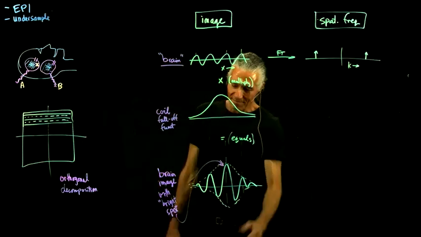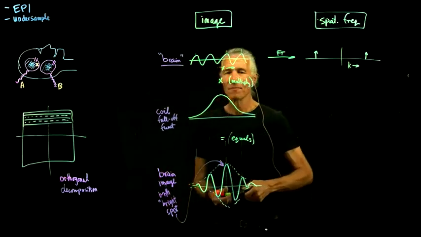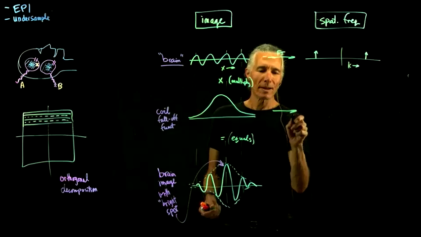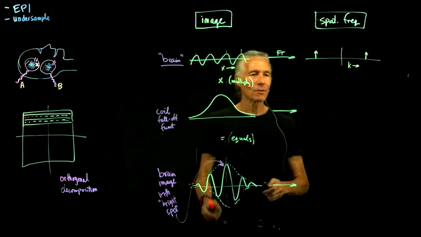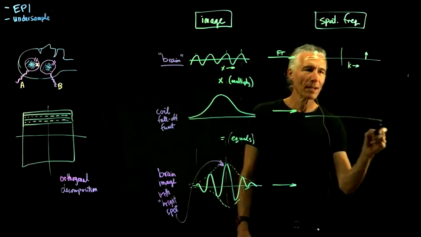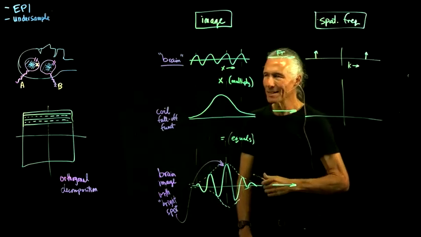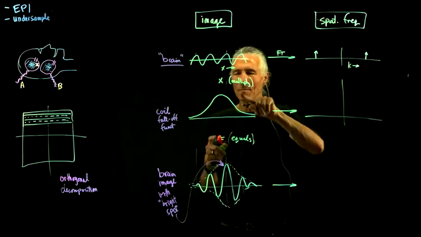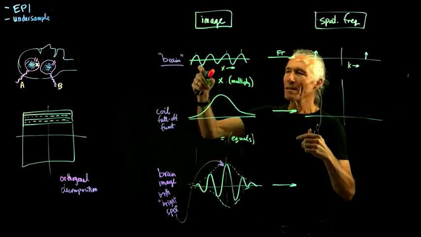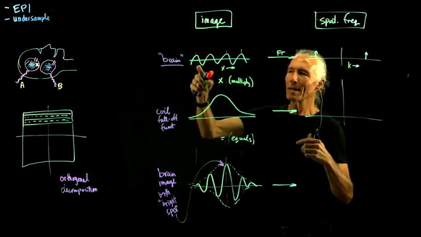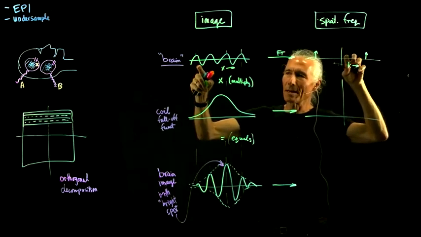Okay, so that wasn't very informative so far, but now let's go over to the Fourier domain to see what it's doing over in K-space. First of all, what's the Fourier transform of a Gaussian? Well, it's basically a Gaussian, but remember that whenever you do the Fourier transform, each point in one domain maps to all the points in the other domain and vice versa.